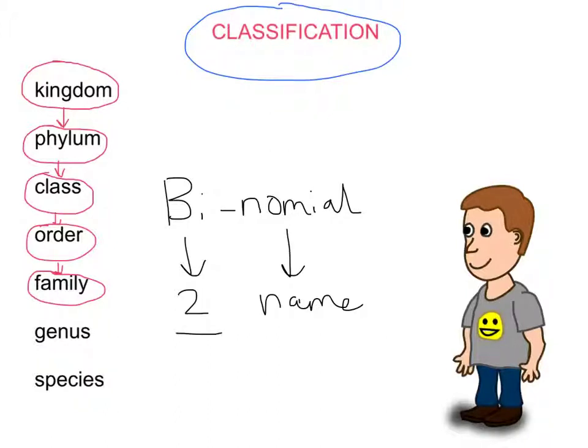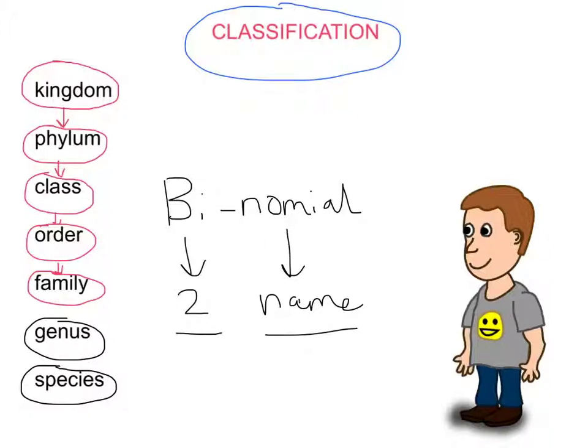So it's the 2-name system. And these are the 2 names, the genus and the species. Now the genus is kind of like the generic name. You could think of it a bit like a surname almost. The species is a very specific name. It represents the species to which an organism belongs. So, in the very simplest terms, it's almost a bit like a first name.